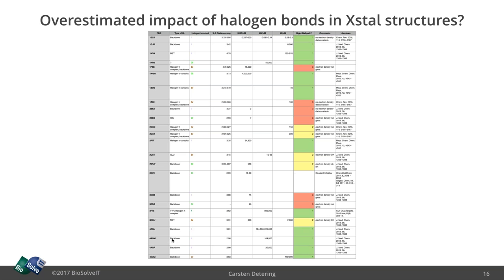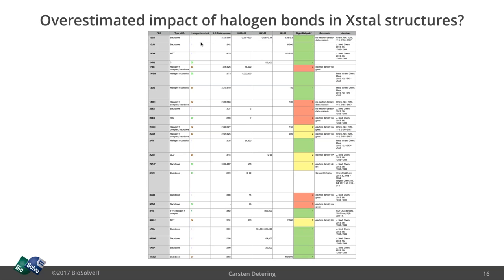There are various types of interactions between the halogen atoms and the backbone or the protein. Most are with the backbone. Some are with aromatic amino acids such as phenylalanine or tyrosine, and some are explicitly with single individual amino acids such as methionine, glutamine, or histidine.